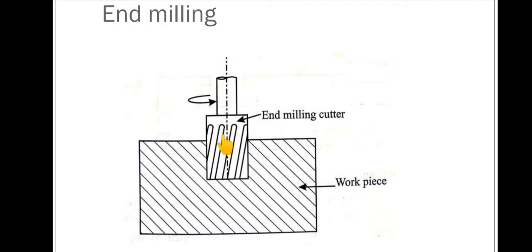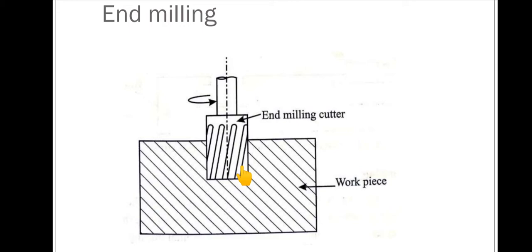This process is used to make slots, keyways and pockets on the workpiece. Here the cutter axis is perpendicular to the workpiece surface. In plain milling it was horizontal, but now it is vertical, perpendicular to the workpiece surface. This is performed on a vertical milling machine.